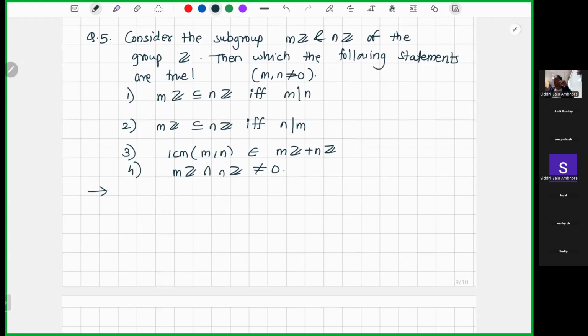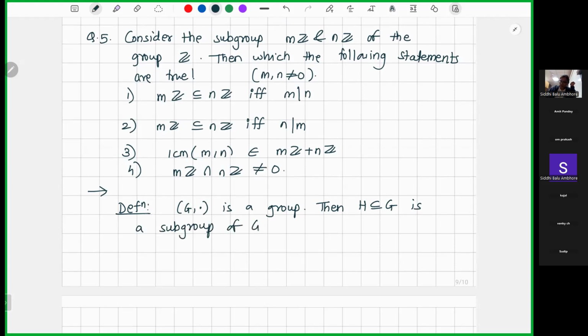And I hope you all know what a subgroup is, right? So, recall the definition: if (G, dot) is a group, then H, a subset of G, is a subgroup of G if H is a group under the same operation.